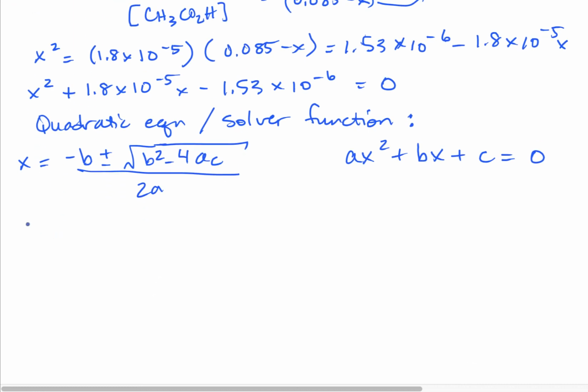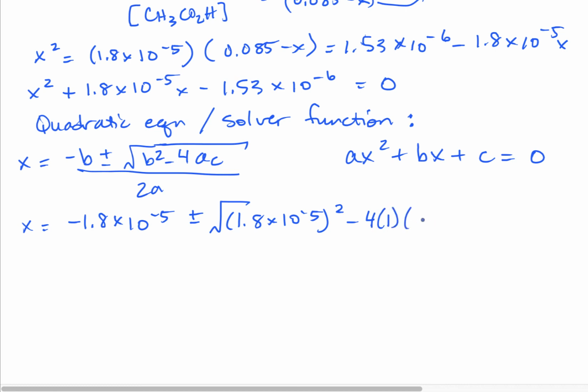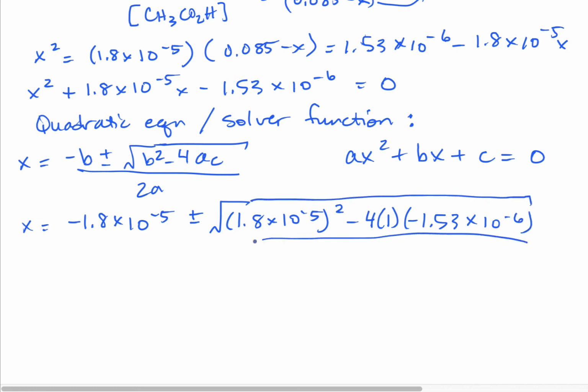So if I plug these values in, minus 1.8 times 10 to the minus 5 plus or minus the square root of 1.8 times 10 to the minus 5 quantity squared minus 4 times 1 times c, which is minus 1.53 times 10 to the minus 6, all over 2.